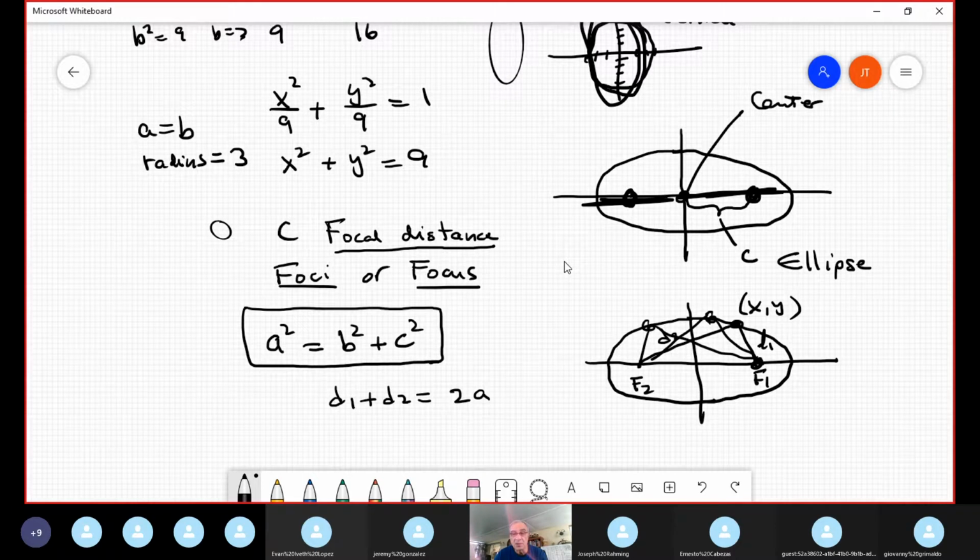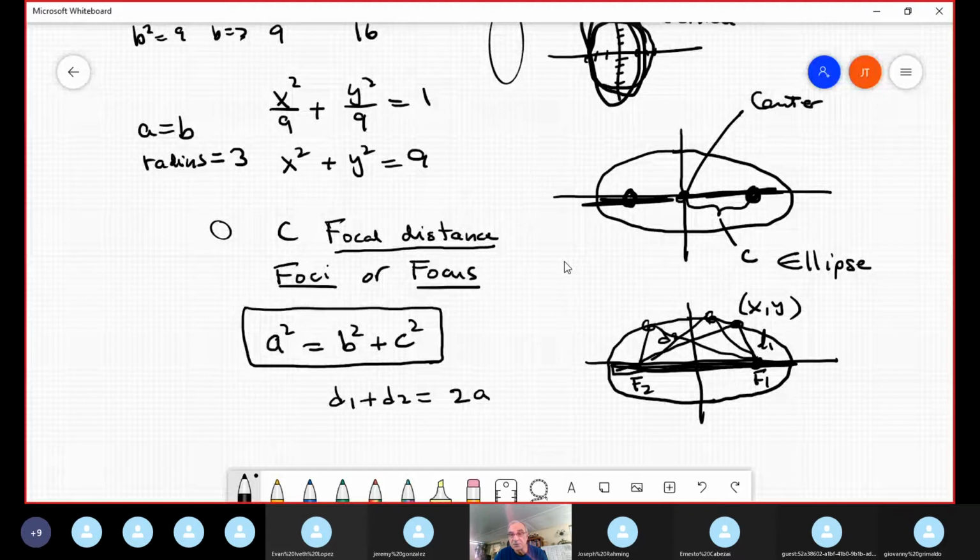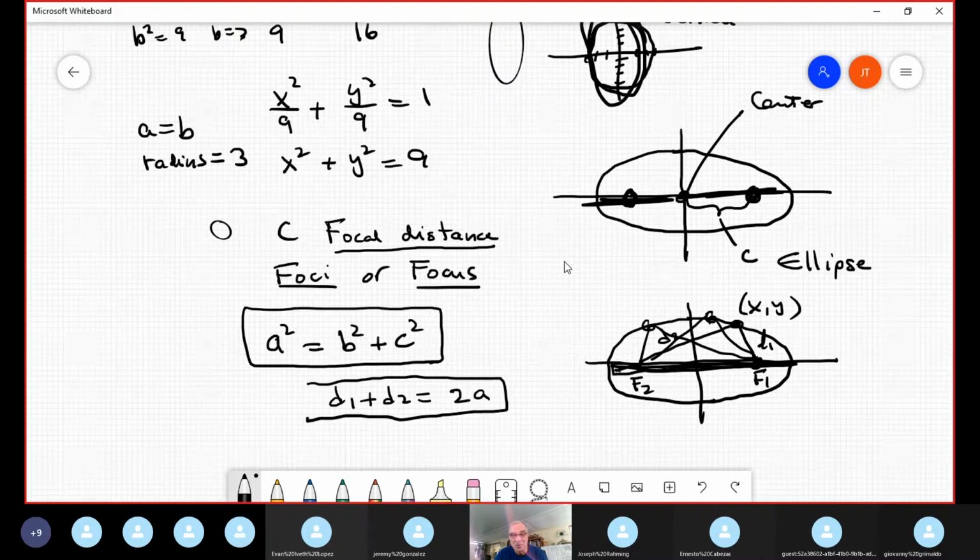And what is 2A? Well, 2A is the entire major axis. This is A and A, 2A. This is the definition of the ellipse. I do not provide any more information. I created the simulation in Desmos to illustrate this idea very well.